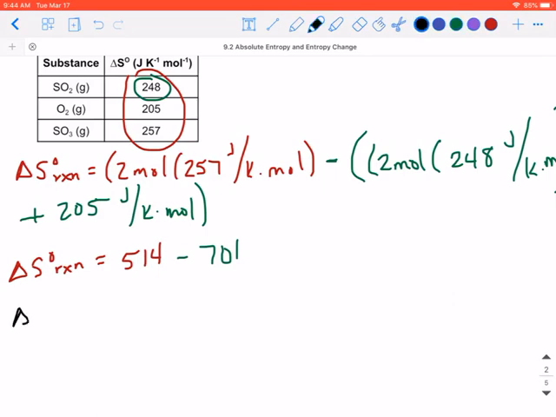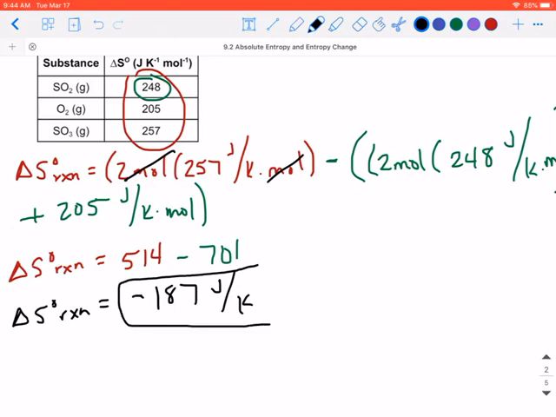So my change in the standard entropy of this reaction is negative 187. Our units this time: I was multiplying moles over joules per Kelvin times mole, so those moles cancel out. The unit we're left with is joules per Kelvin.